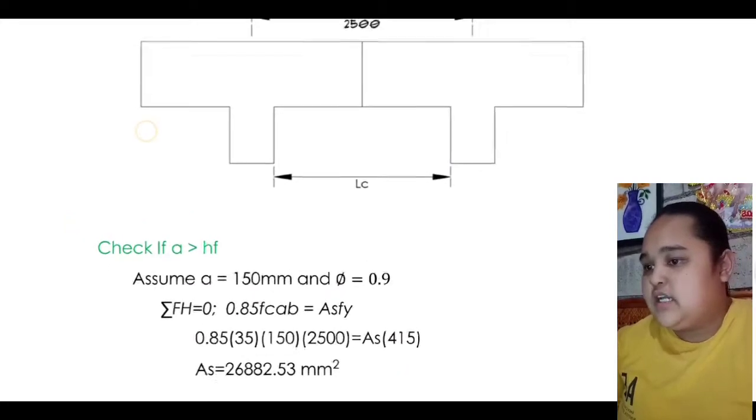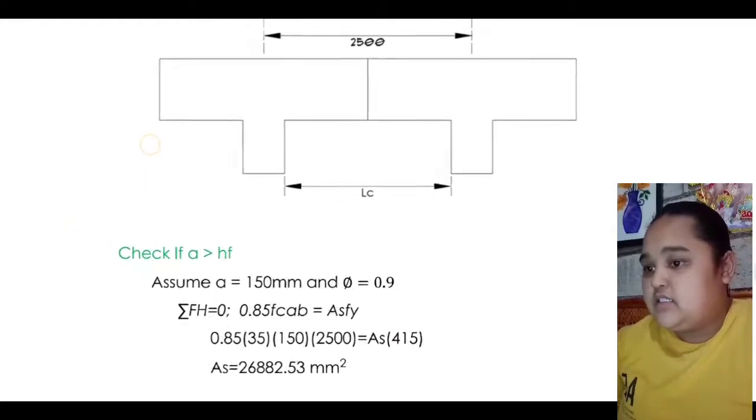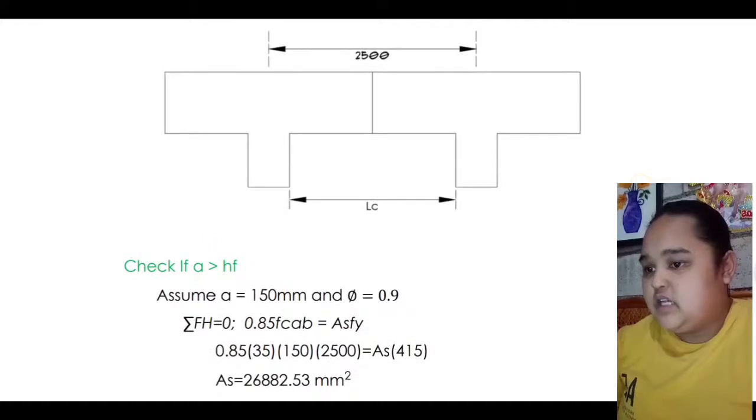Then check if A is greater than HF. Assume A is equal to 150 millimeter and phi is equal to 0.9. Summation of forces horizontal is equal to 0.